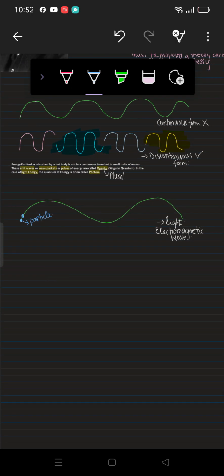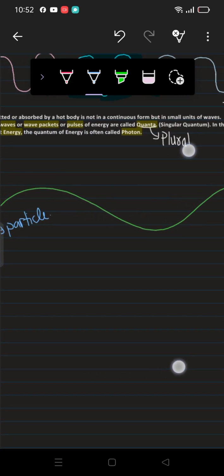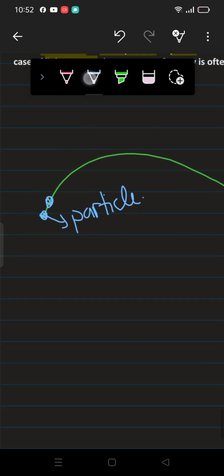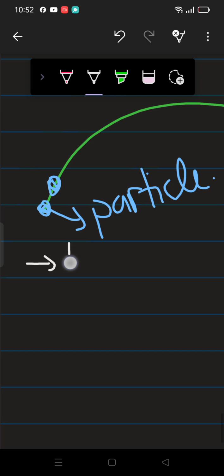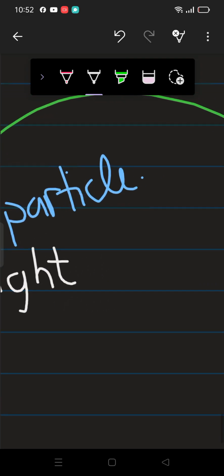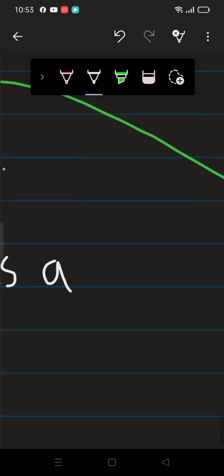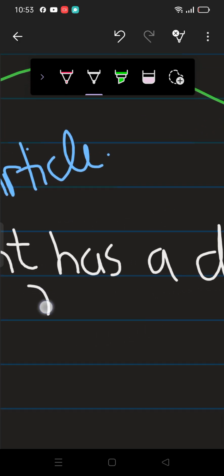This light can not only travel in the form of a wave, however it can travel in the form of particles as well. This was said by Max Planck: light has a dual nature, right?